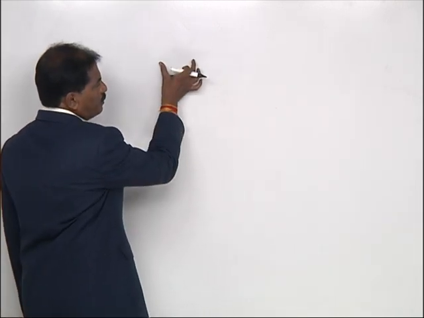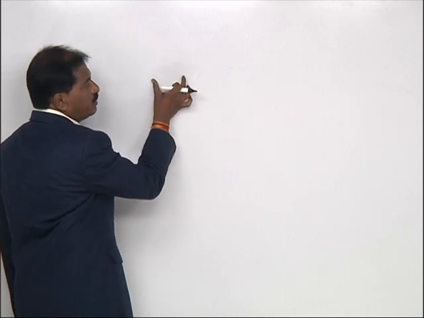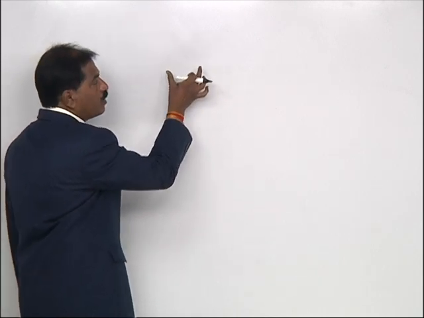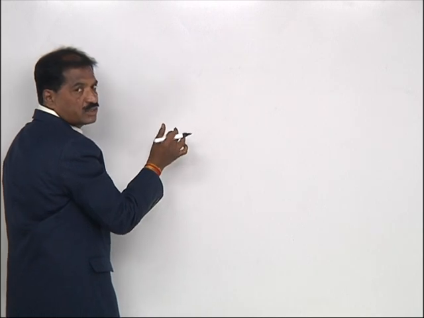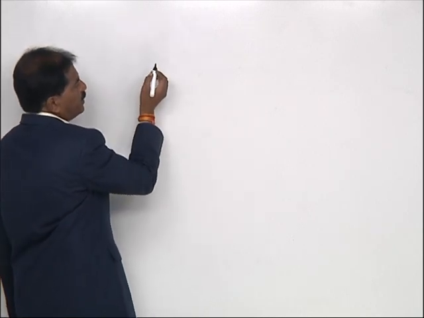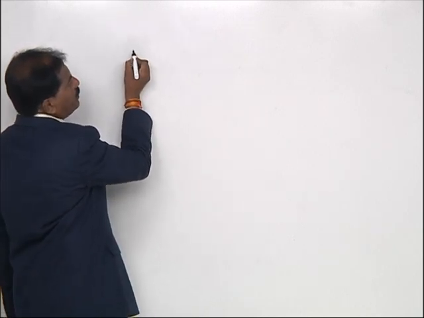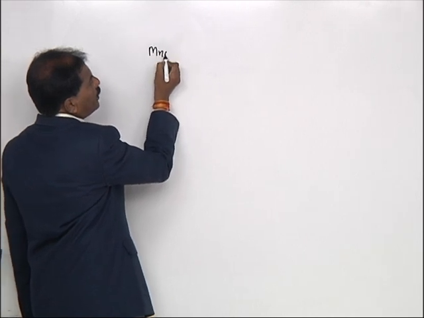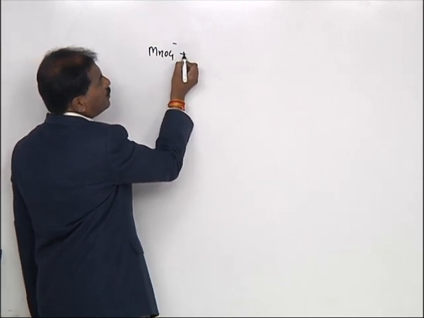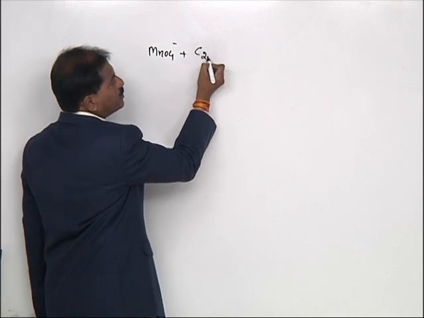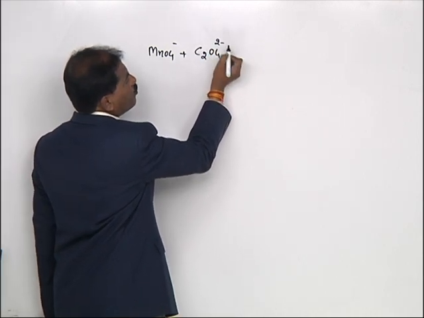Now let us take one example to identify the valency factor and how to proceed for the calculation of numericals involved in these redox reactions. Let us say MnO4 minus permanganate is reacting with oxalate C2O4 2 minus.